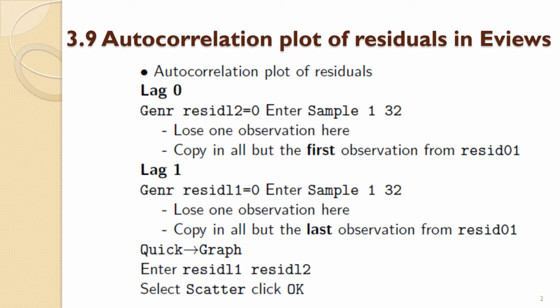And to plot the lagged residual series, you would just do quick graph, and then you need the first series to be the lag 1 residuals, the second series to be the lag 0 residuals, and choose scatter. It's similar to the R example, but the R example is actually easier in this case because it is all command line driven. Whereas eViews is menu driven, but it's slightly fiddlier as soon as you get to something non-standard.